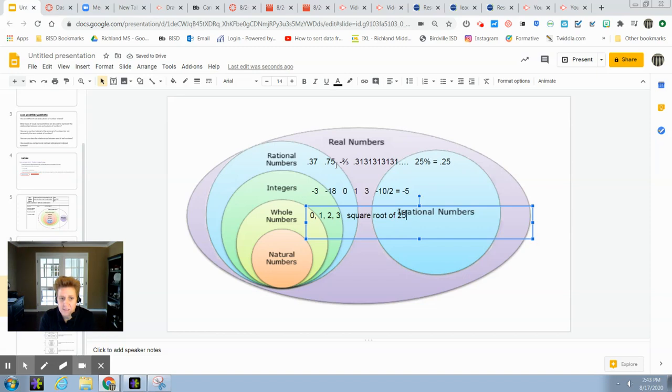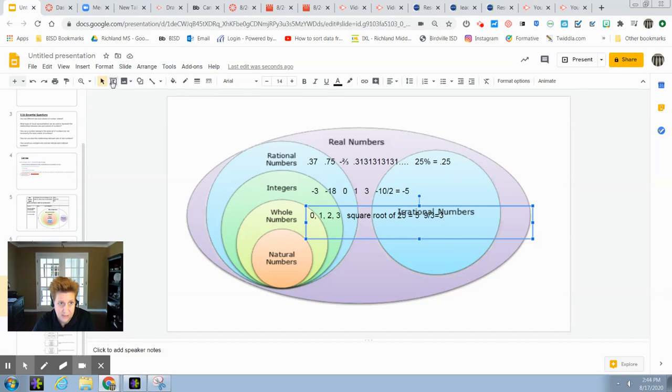If they had that symbol on there, square root of 25 would equal 5. So that would be a whole number. Also, if they had 9 divided by 3, don't think it would be up here because it's a fraction, because 9 divided by 3 would equal 3. So we need to convert all fractions and percents.